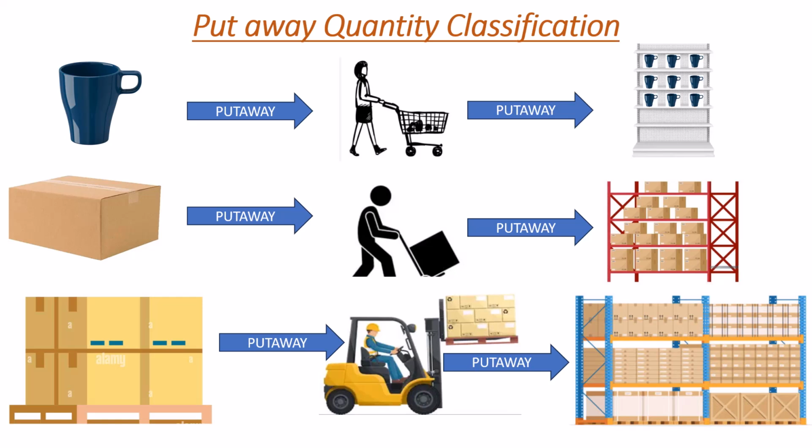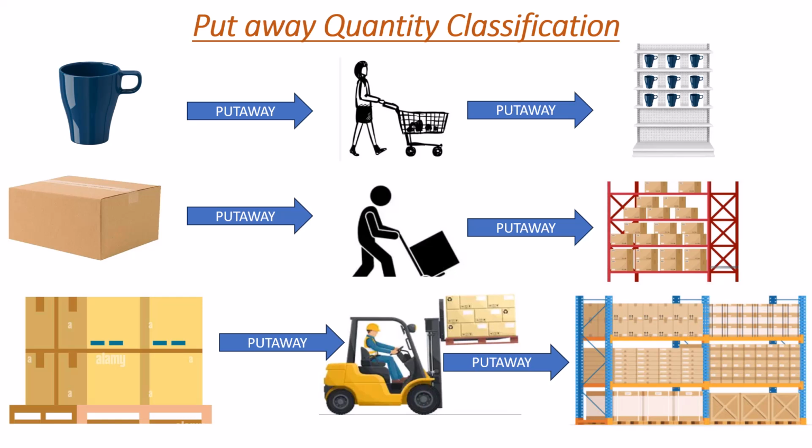No human being can lift those pallets. That's why to lift the pallets and place them into the storage types, we use this kind of vehicle called a forklift. Forklifts are used to store the products and move the pallets in the warehouse.